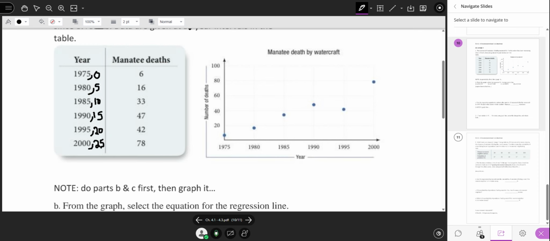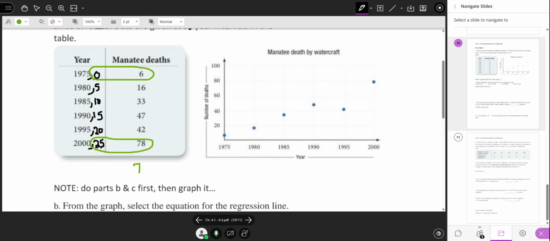Well, to find the answer to part B, you're going to use this and this to find your slope.